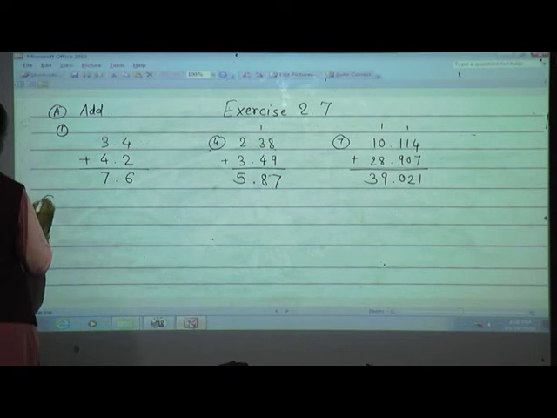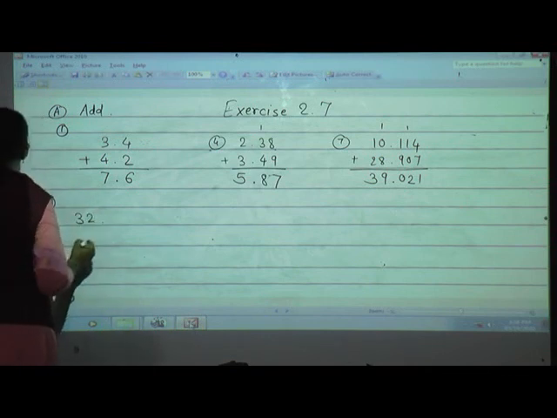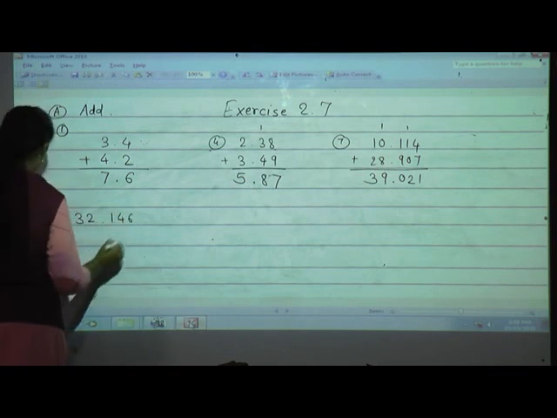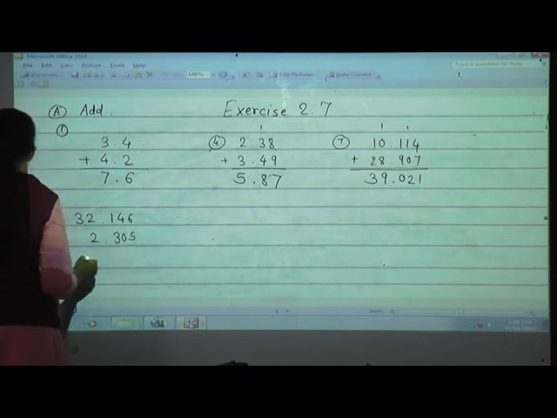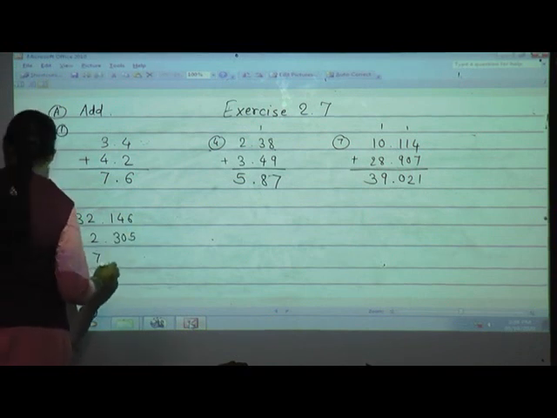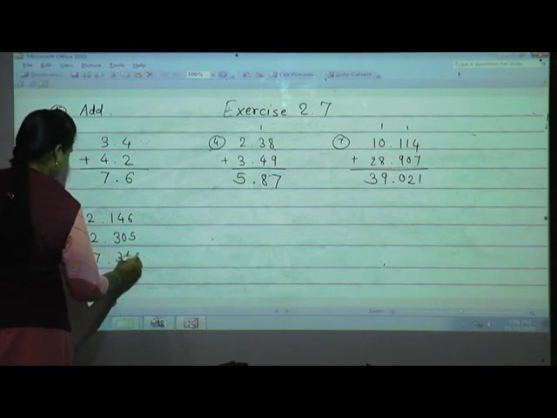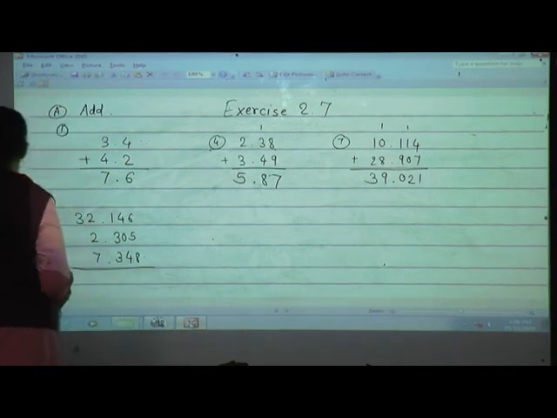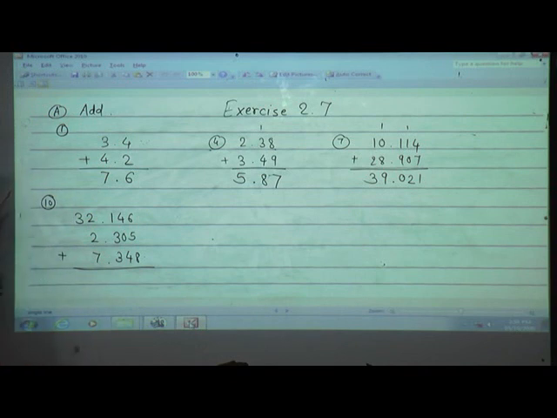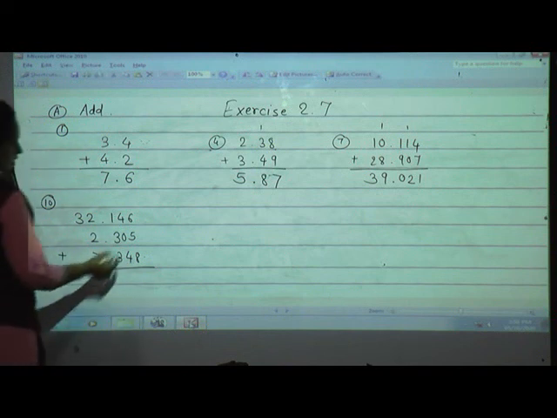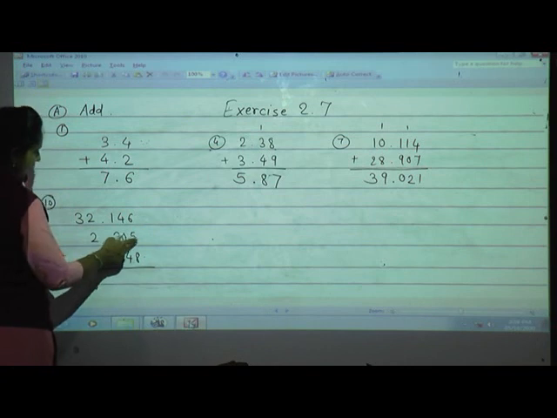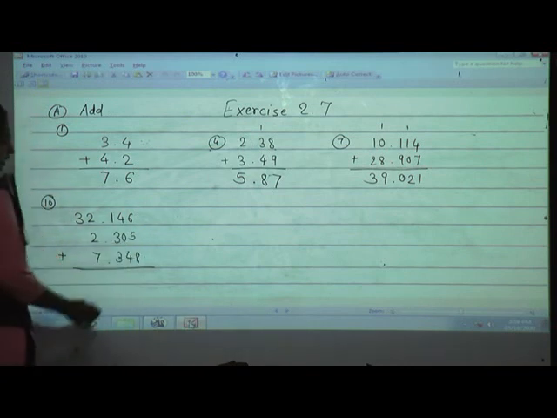Next. Now the 10th one I will solve for you. See the 10th one: 32.146, 2.305, 7.348. Now 3 decimal numbers they have given. Don't be confused, you just have to add the numbers. 6 plus 5 is 11, 11 plus 8 is 19.